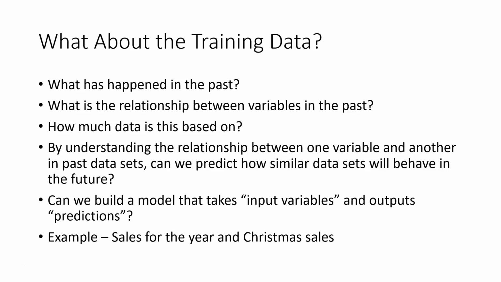So let's talk a little bit more about the training data. Remember, this is the data that is used to build the model. What we're looking at is relationships between variables, things that have happened in the past or that are happening currently. So we can actually look at two variables or multiple variables and determine what is the relationship, what is the correlation, or how much does one variable drive another, or how much does one variable actually determine another.